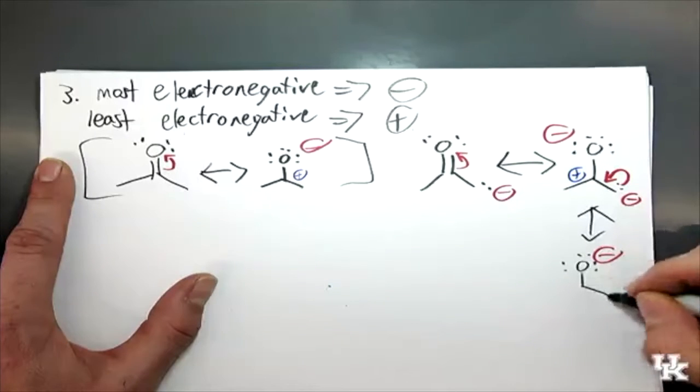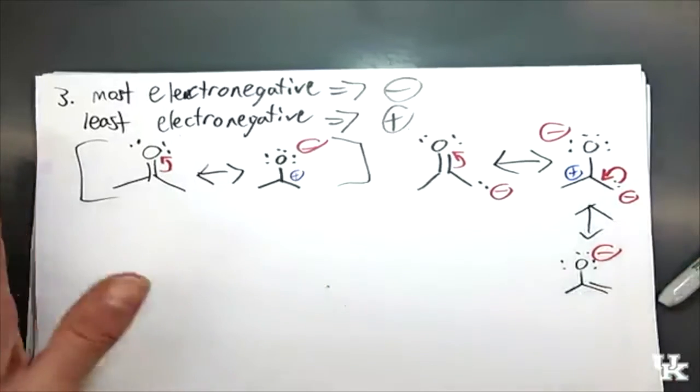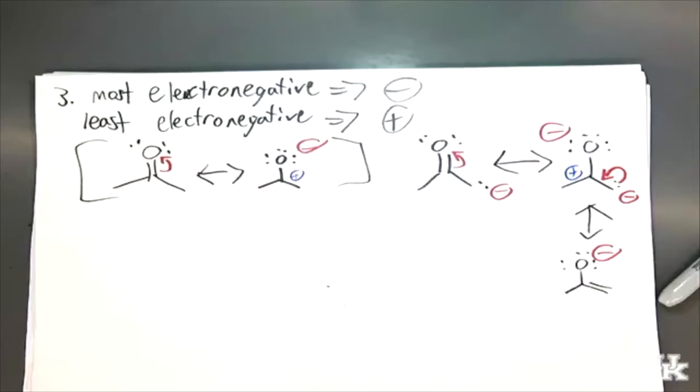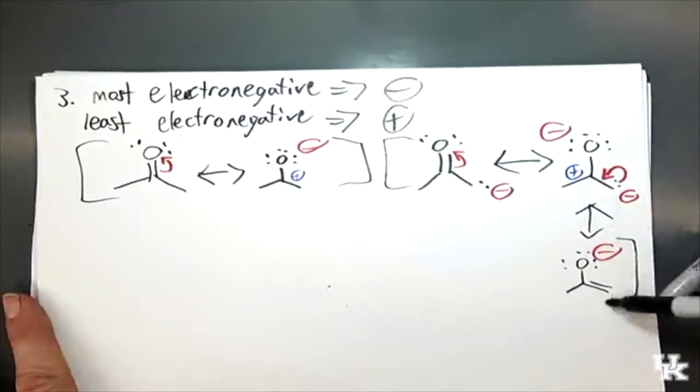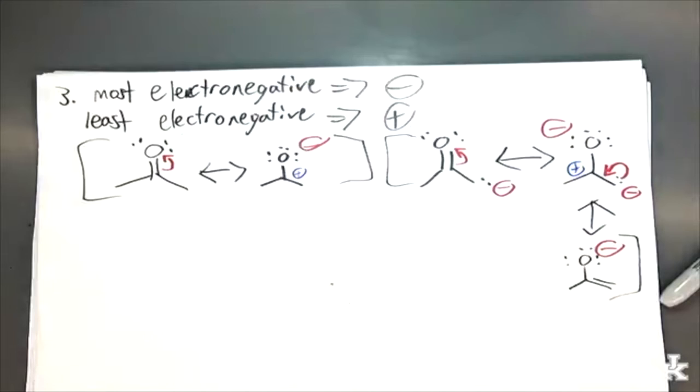With a negatively charged oxygen, and now you have a double bond between the 2 carbons. So let's take a broad look at each of these 3. Each of the 3 has an overall -1 charge. Does everybody see that? We still kept the original structure's -1 charge.